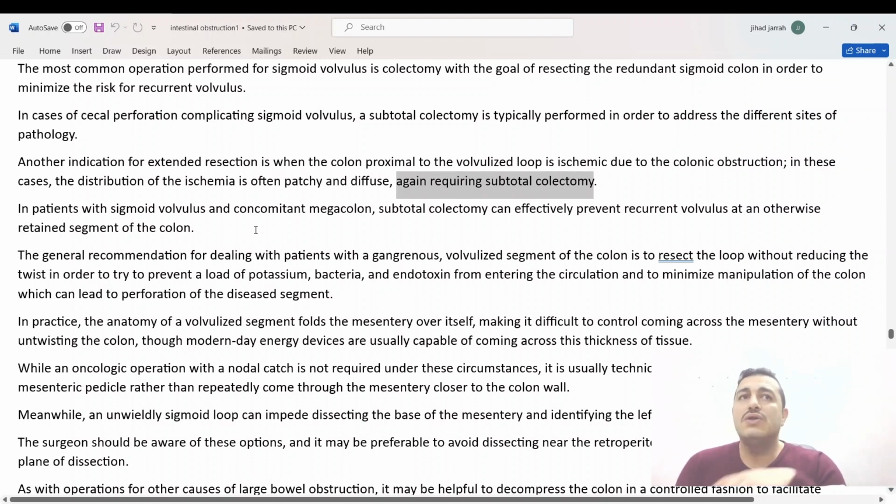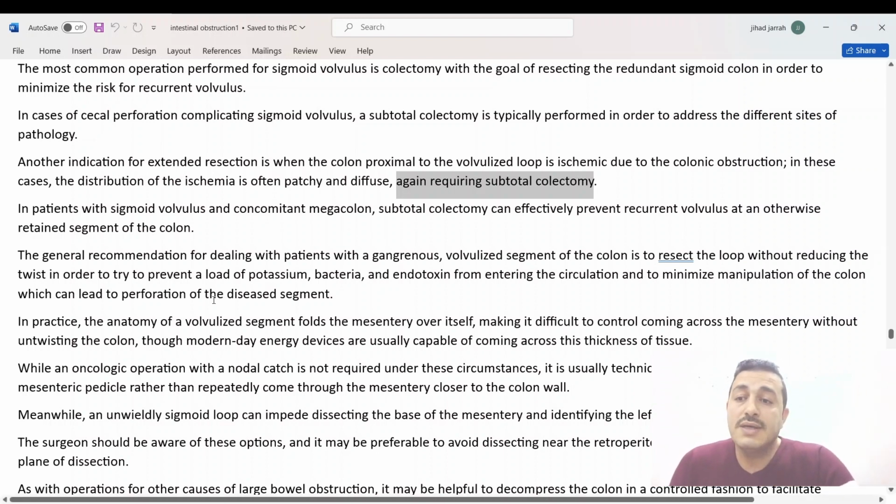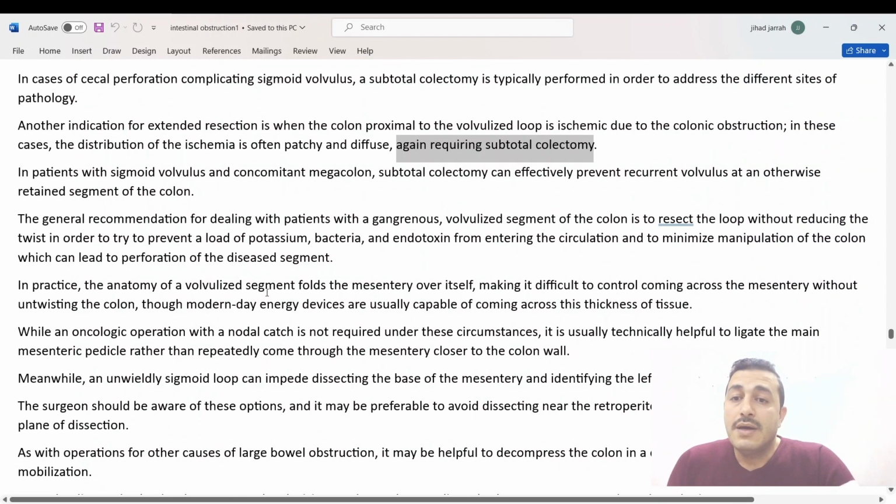Subtotal colectomy with end ileostomy, for example, with loop ileostomy, or I can proceed to ileocolic anastomosis. This depends on the surgeon intraoperatively and the status of the patient intraoperatively.